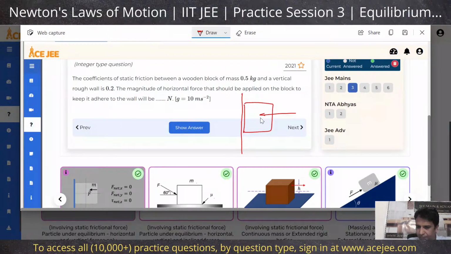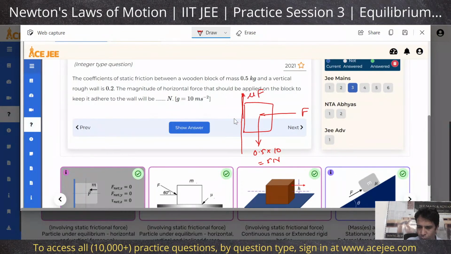This is the block. So 0.5 into 10, 5 newton force, a gravitational pull, is acting downwards. We are applying this force F. In the limiting scenario, the friction will be mu F. Correct, Peter?